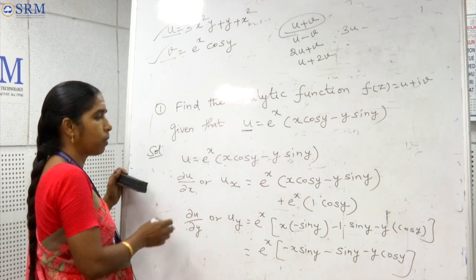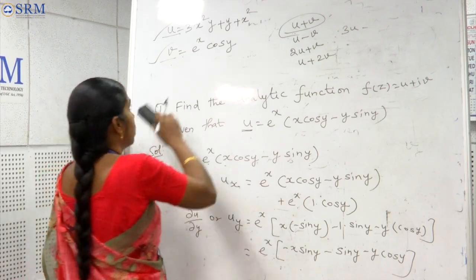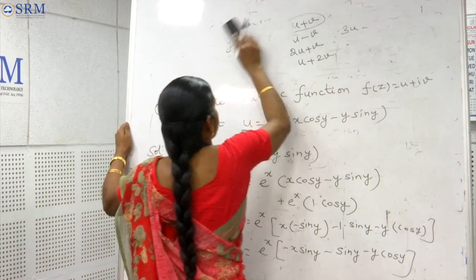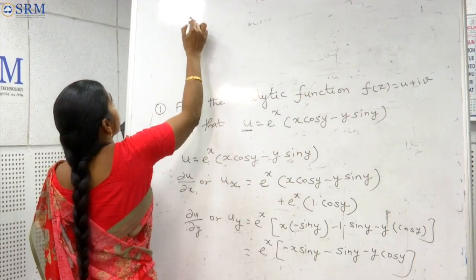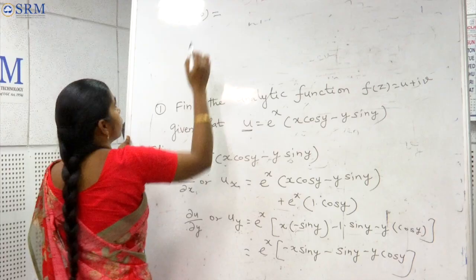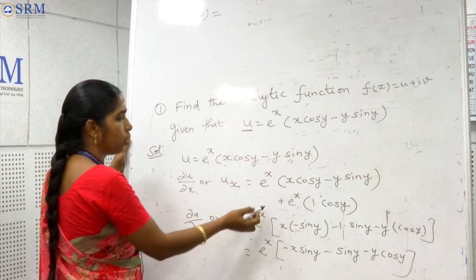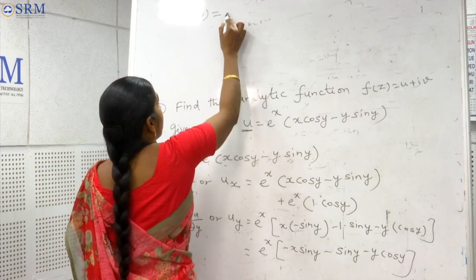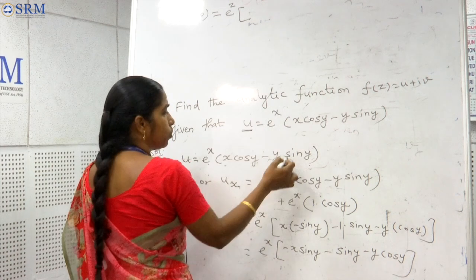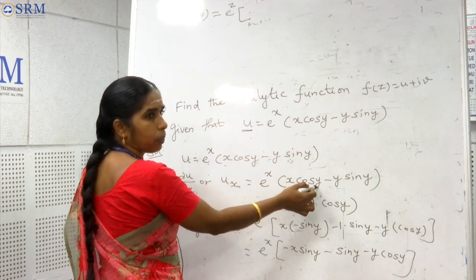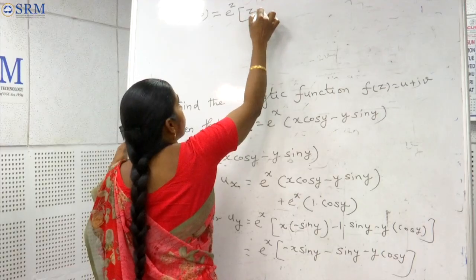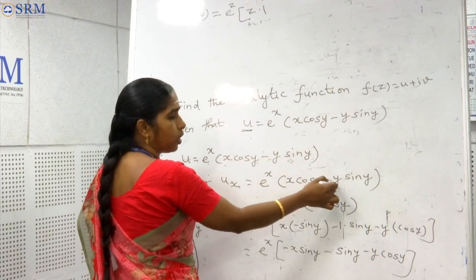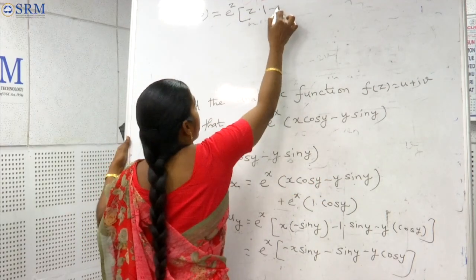This is the first step of the process, finding the Milne-Thomson method. In the second step, at the particular point (z, 0), now u_x of (z, 0): x is replaced by z. So e^z into z, y replaced by 0, cos 0 is 1, so z. Minus y is 0, sin 0 is 0, so the next one is 0.